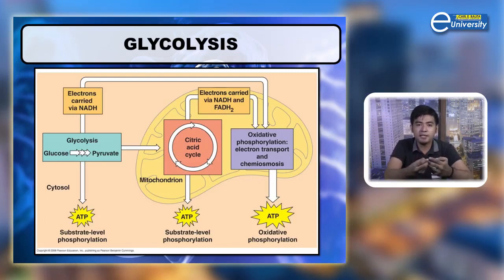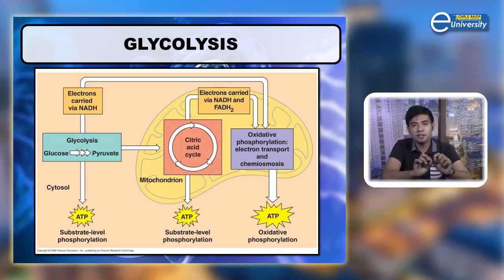Since pyruvate cannot be used directly in the Krebs cycle, from the cytoplasm, the site of glycolysis, the pyruvate will travel to the transport protein within the mitochondrion. The pyruvate will combine with coenzyme A or CoA, producing acetyl coenzyme A. The combination of these two, the pyruvate and coenzyme A, producing acetyl coenzyme A, also produces a carbon dioxide molecule, which is a product of cellular respiration.